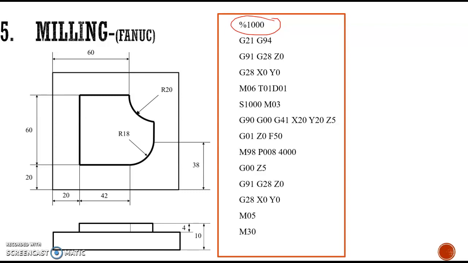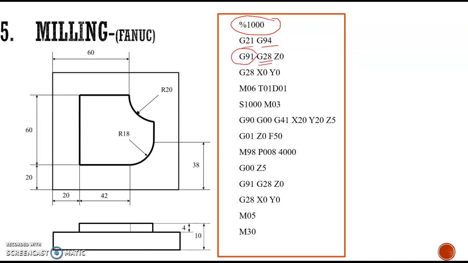Then the second block consists of G21 and G94, already discussed. G21 is for metric input in mm, and G94 is the feed rate in mm per minute. And next is G91, that is new in FANUC.